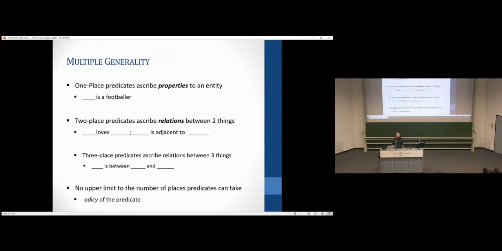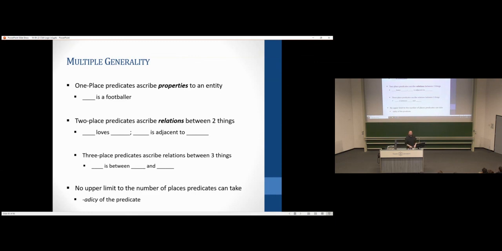We might have predicates with two gaps: loves, where the first gap is the lover, and the second gap is the beloved, the target. I know, it sounds a bad way to put it.